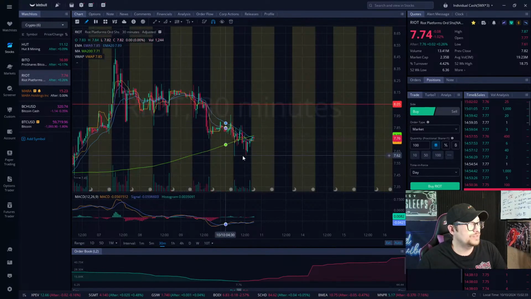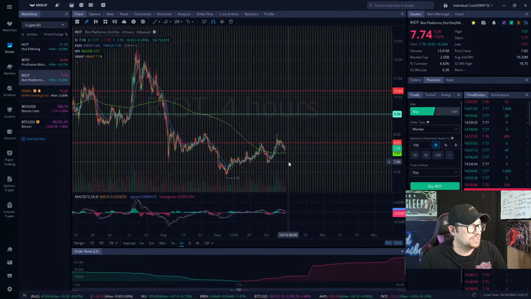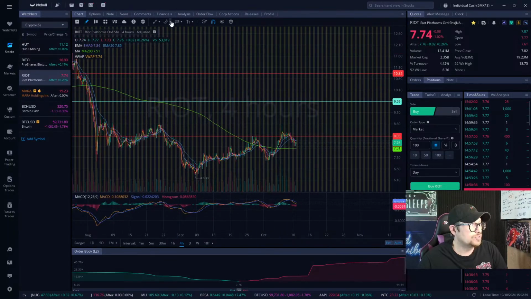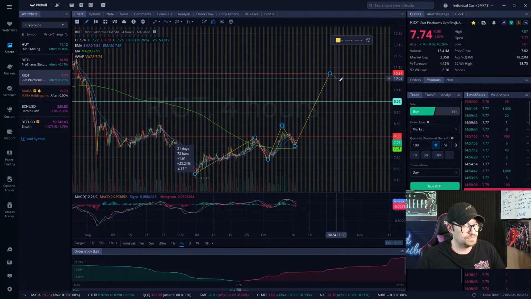Now, along with the crypto market, we could see Riot push up very nicely, as it's had that kind of W-shaped pattern as well. I go to the polyline here, it pushed up 1, 2, 3, 4, and a possible extension back up to maybe where it was previously. So that would be very nice to see.